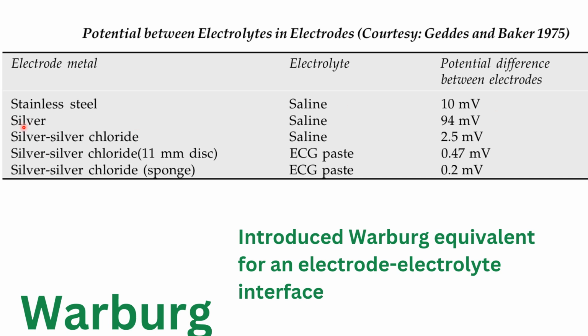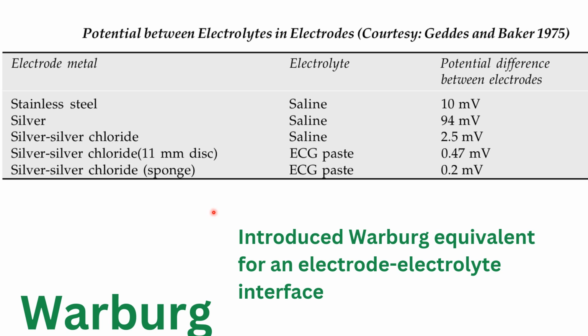Similarly, if I use just silver in saline solution, it is 94. If I use silver chloride in saline, 2.5. But see here, silver chloride in ECG paste is only 0.45 millivolt, which is very low. Whereas if I use the same in a sponge setup, along with ECG paste, the value will be much smaller, right? So we have to choose the appropriate electrode, right?